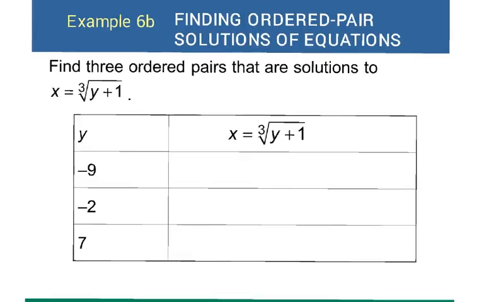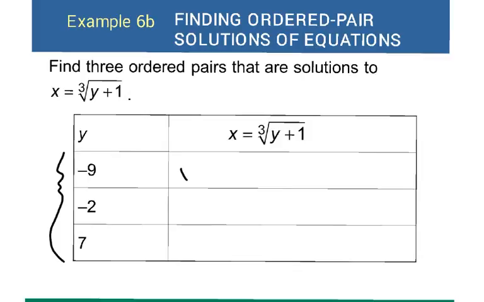Let's do this again. Similar thing we have here, except for this equation, we have x equal to something containing y. So what we have here are random y values that we're going to plug in. So here we go.